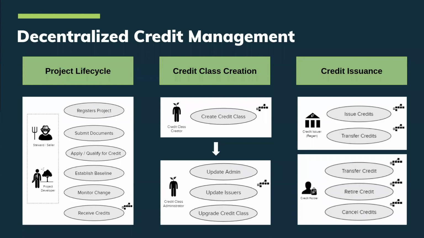While a registry typically might issue them to them directly, what we're doing is introducing the credit class creator, administrator, and issuers who are going to do that for them. So credit class creators will create the credit type that represents the type of credit that a land steward is trying to get.